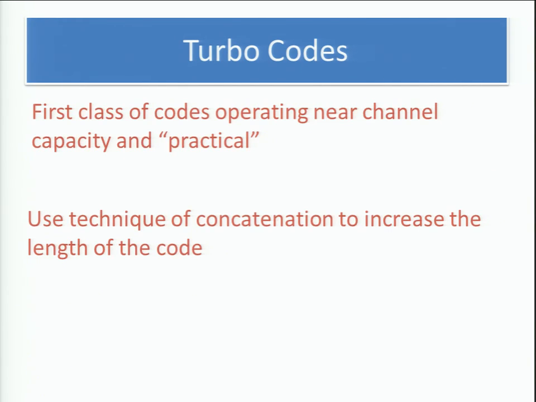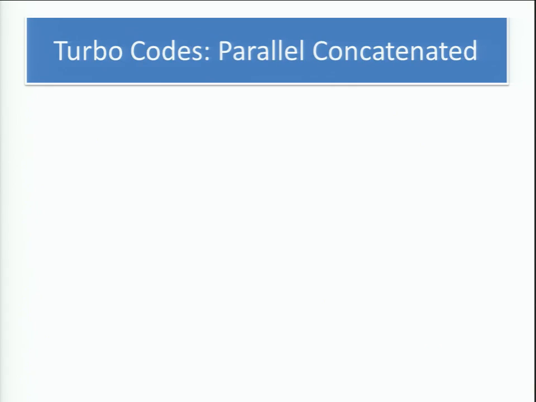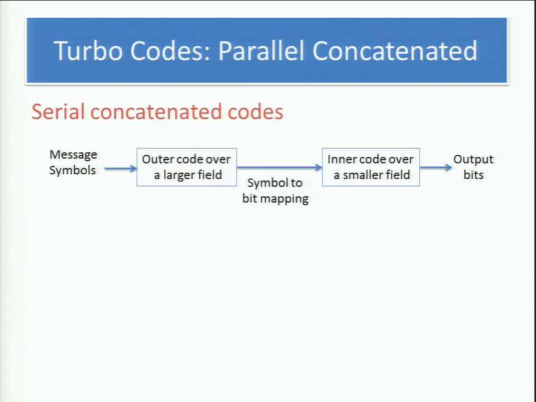There are different ways to do this concatenation, right? One is called serial concatenation, which existed before the turbo codes were invented. In serial concatenated codes, you have a set of message symbols and there is a code. Earlier we saw that our code was a code over F2.